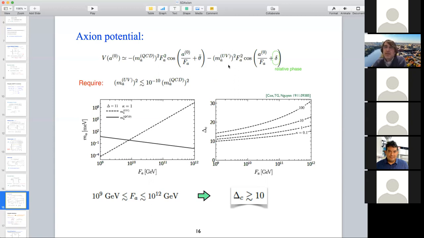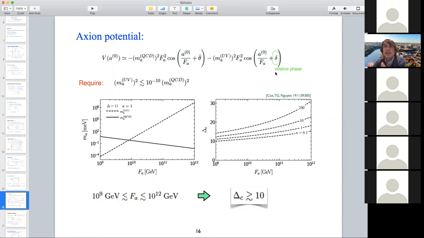However, if you have another contribution to the axion mass or another explicit violation of the Peccei-Quinn symmetry, you'll generate another cosine potential, but the phase that comes with the other cosine potential doesn't necessarily align with the contribution that you get from the quark masses and the QCD vacuum.